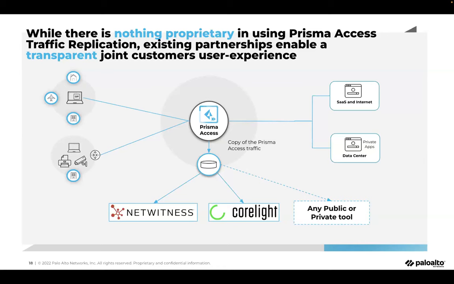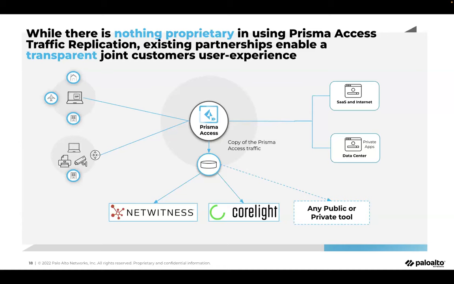But very often, customers, coming back to the first picture that I used in this presentation, talking about SOC and NOC tools, very often in on-prem deployments, we see customers using specific third-party solutions.